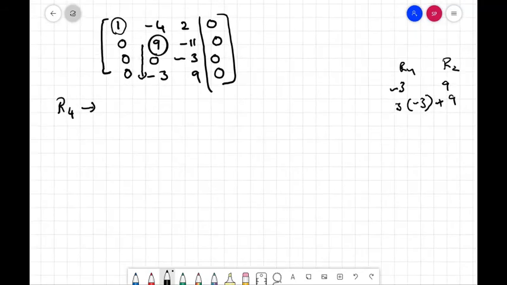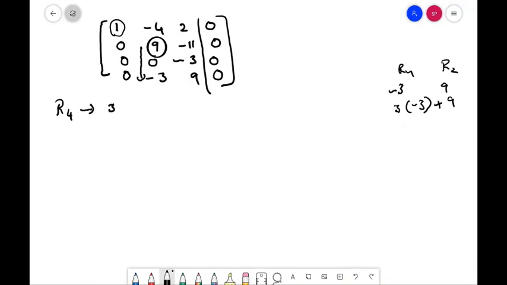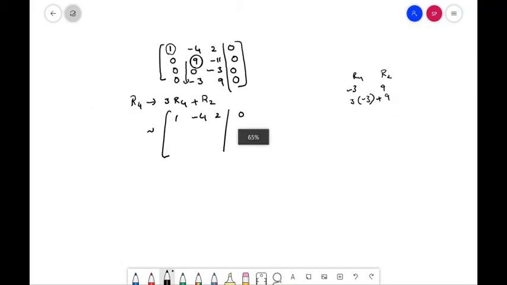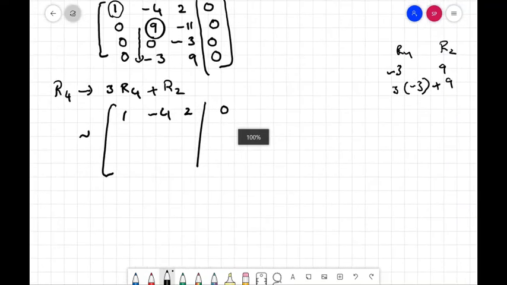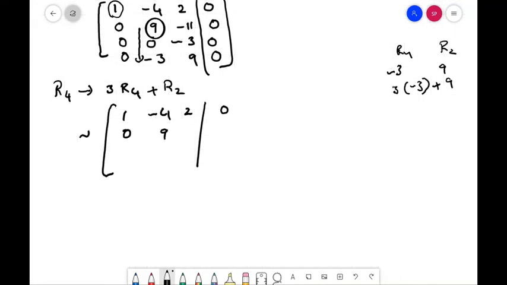So it is 3 times R4 plus R2. So this matrix will be transformed to 1, minus 4, 2, 0, then 0, 9, minus 11, 0, and then 0, 0, minus 3, 0.